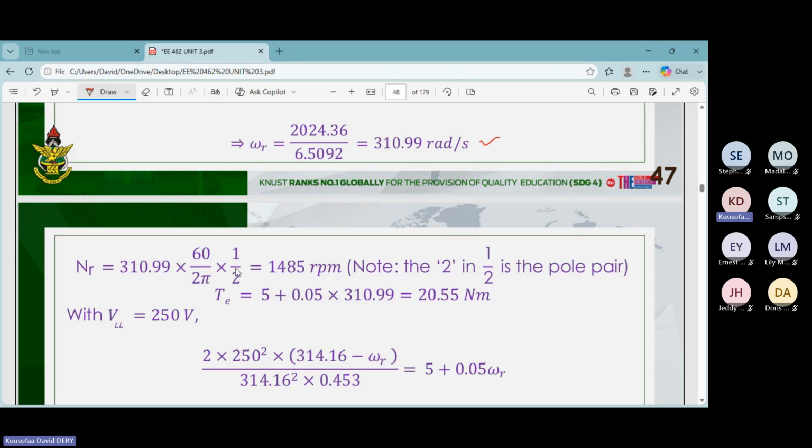So that is what is done here. This 2 is the number of pole pairs, and this portion is helping us convert this speed to RPM. And when you know the speed, then you can calculate the torque that is required at that point. Then you change the voltage to 250, you do the substitution, and you go through the same thing.